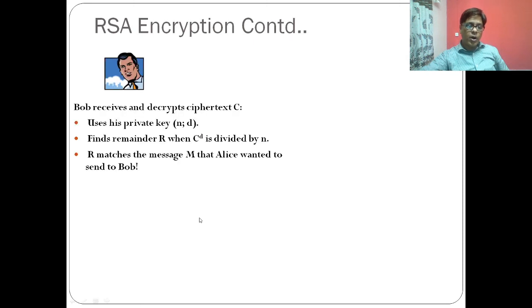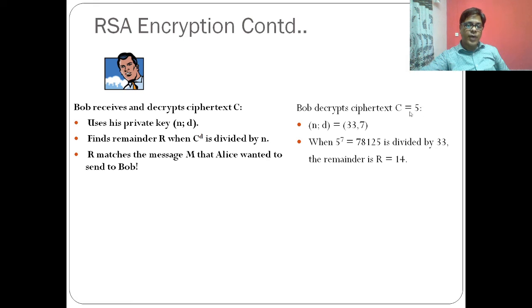Now Bob, on receiving the encrypted message C, will use his private key and will compute C to the power D mod N, and he'll get the remainder R. And this remainder R will match the message M. So for example, on getting a ciphertext C equal to 5, with his private key N, D, which is 33, 7, he will compute 5 to the power 7 mod 33, and therefore he will get the remainder R as 14.